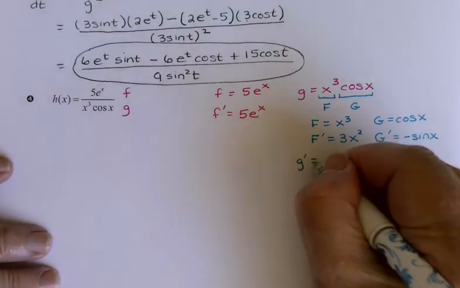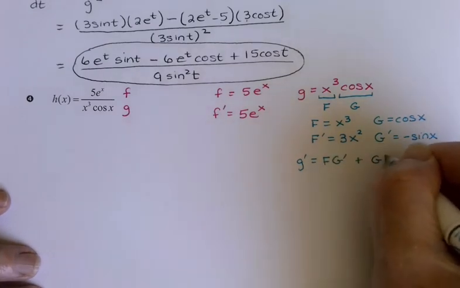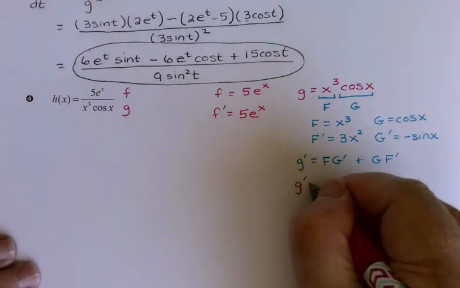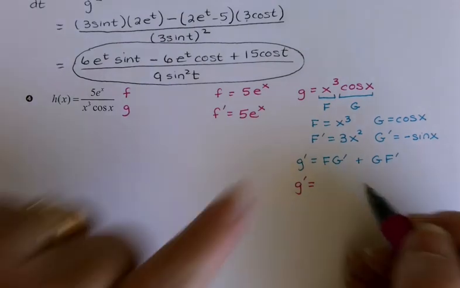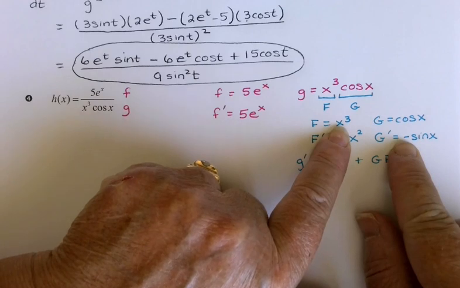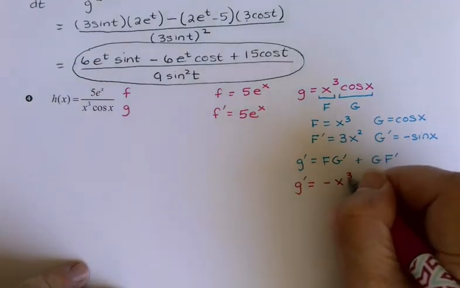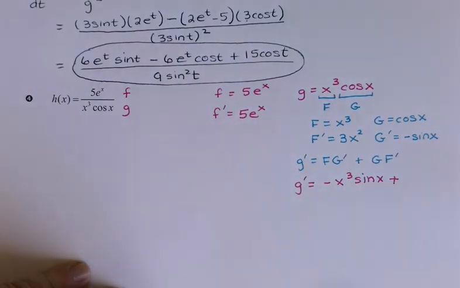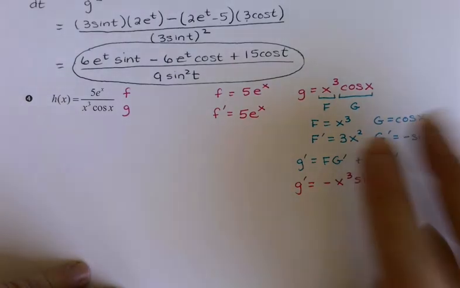Little g prime then is going to be fg prime plus gf prime. So let's see, fg prime. I'm going to drag that negative out in front, so negative x cubed sine x plus gf prime 3x squared cosine x.